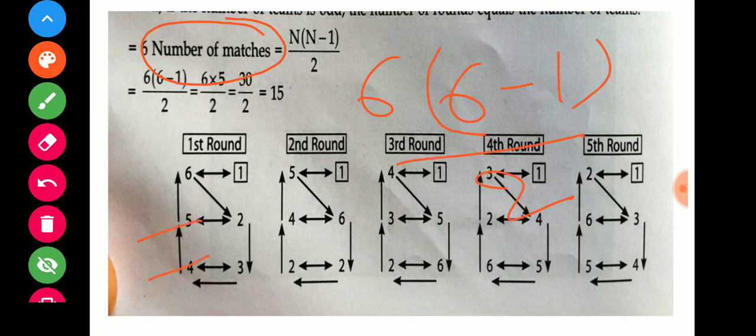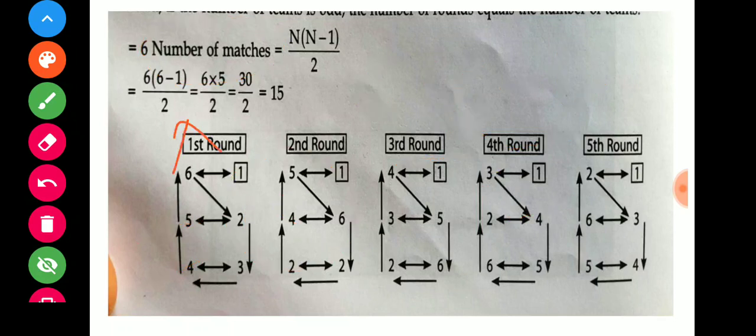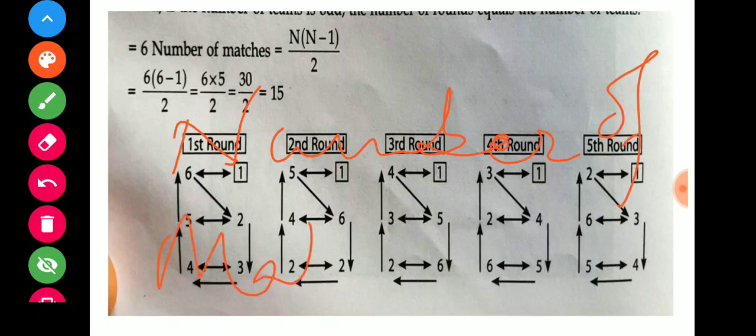In such a way we get a total of 15 matches.